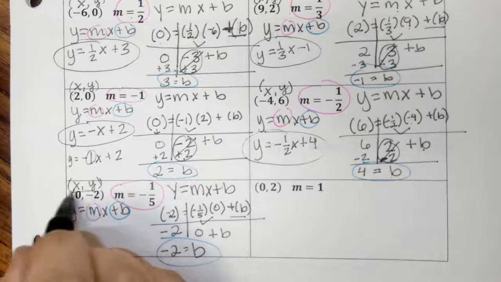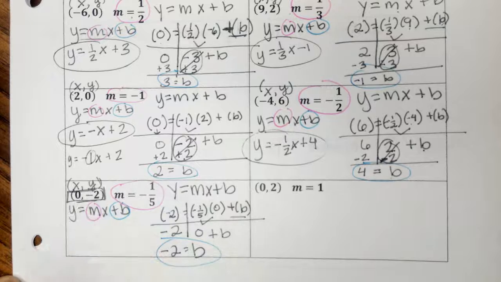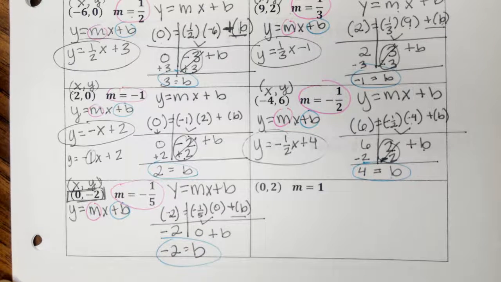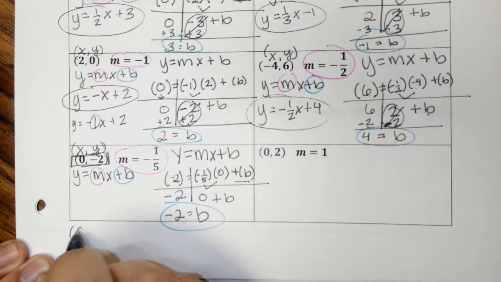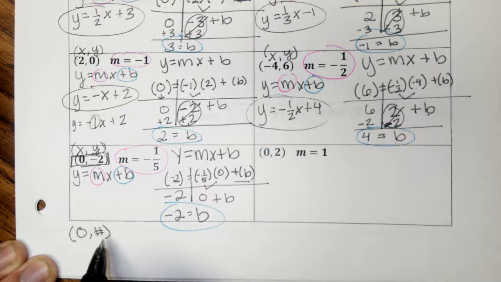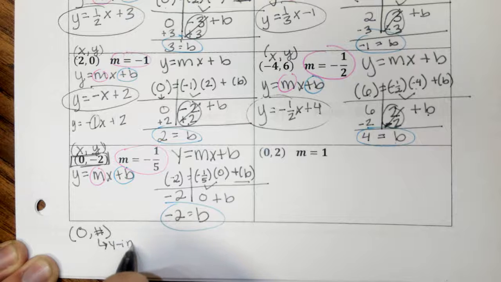You'll notice that that's exactly the number you have here, because the ordered pair they gave us was the ordered pair of the y-intercept. And you know that because x is 0. If you have 0 as the x value, then whatever the y value is the y-intercept, or the letter b.